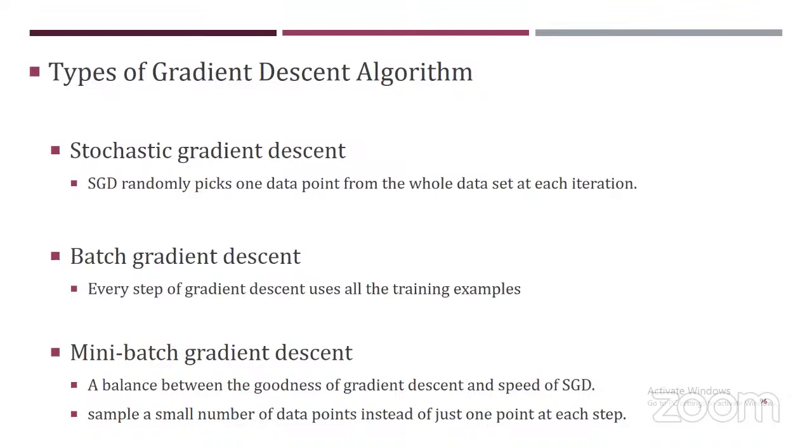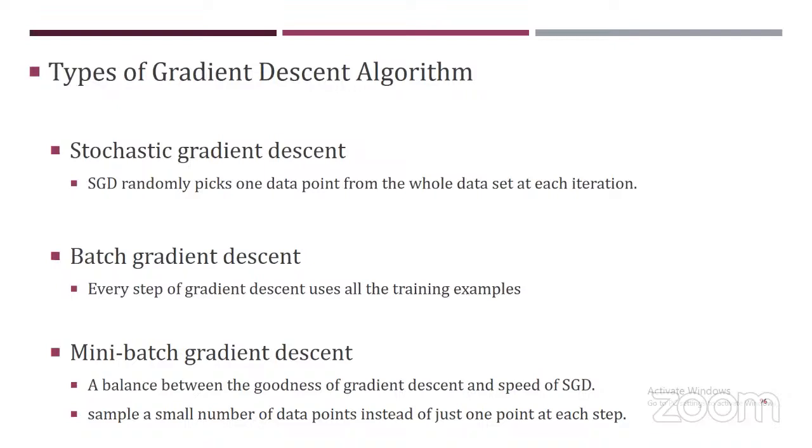But when you calculate the cost, and based upon that cost do the adjustment, how many instances you cover might be different. Based upon that, you have 3 ways to do this.